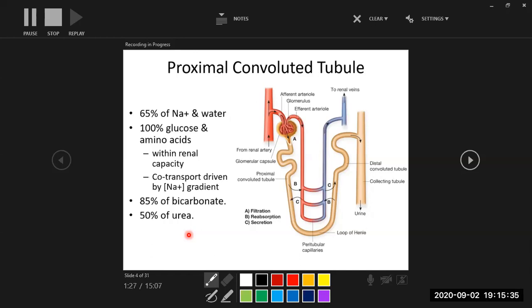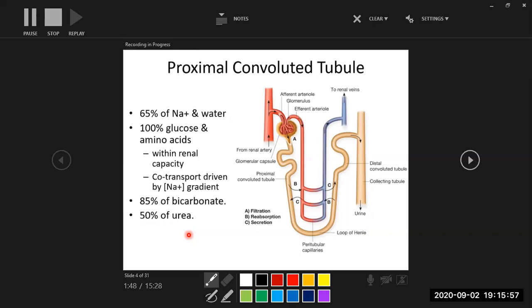Basically, when we reabsorb sodium, we reabsorb water. These quantities are relatively equivalent, because when we reabsorb water, we will reabsorb sodium. And that's how we will not dilute our body, right?